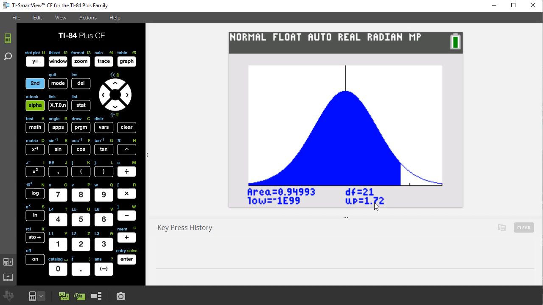Now keep in mind that if you are using a student's t distribution table, the distribution is not the same as the standard normal curve, but it's very similar as the sample size gets bigger in either case. So let's say we didn't have a chart, but we did have a calculator.